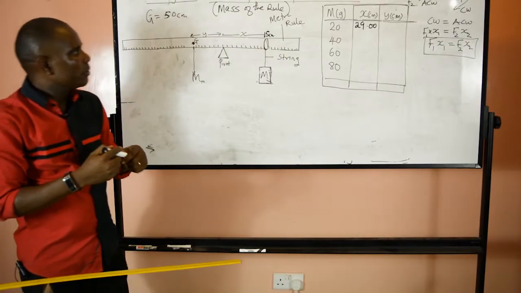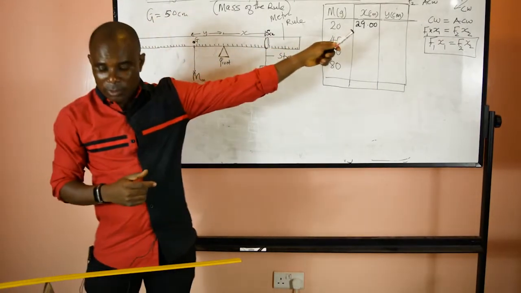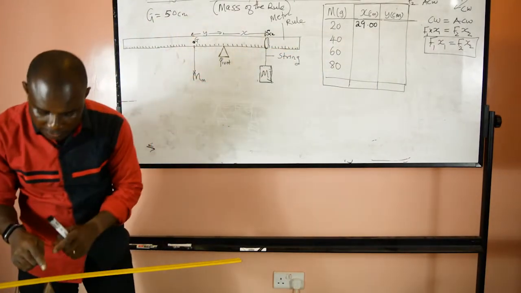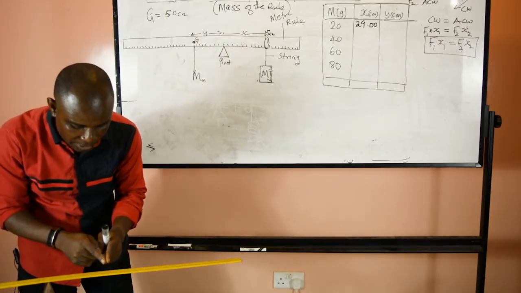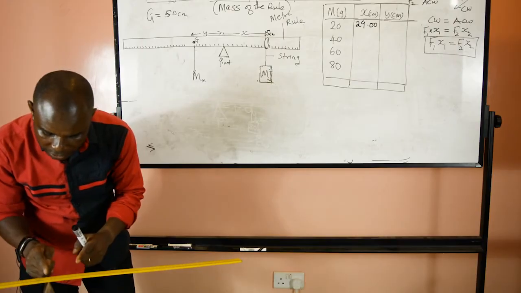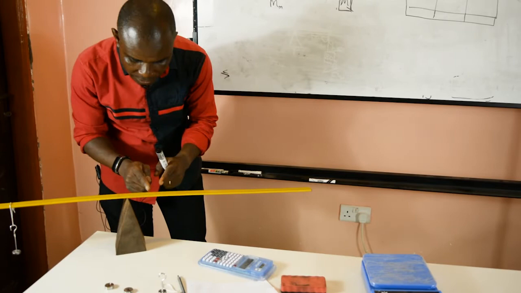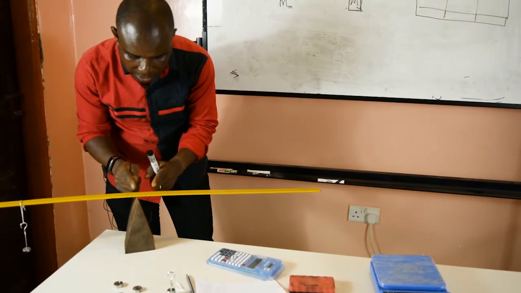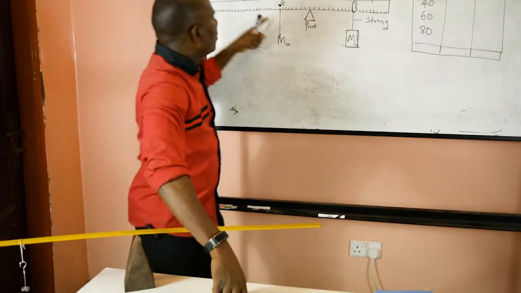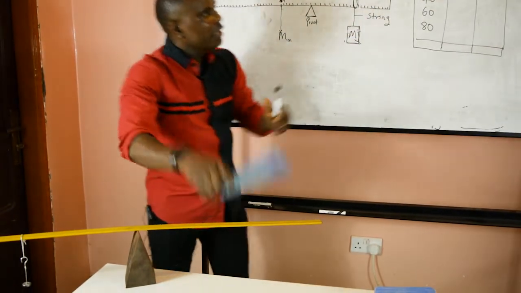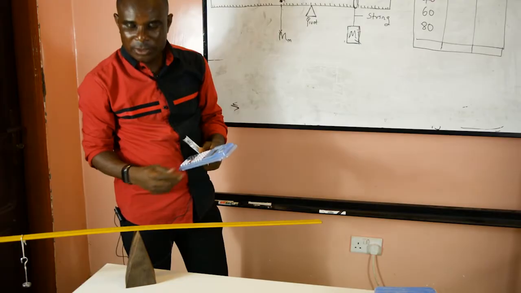Now I want to find the y for that. Since it is at 44 and the pivot position was at 50, I'm trying to find the distance between this 44 up to 50. So you now know that it's got to be 6 centimeter. How did I get that 6 centimeter?